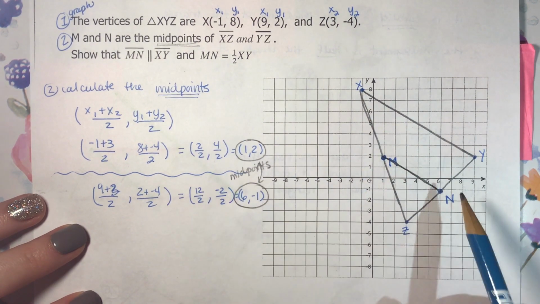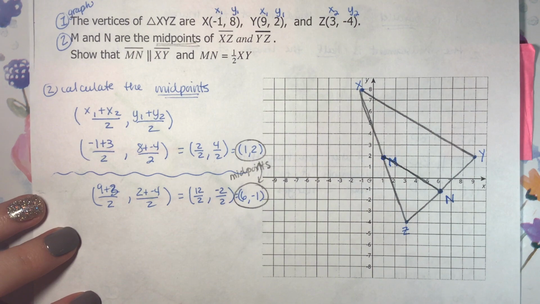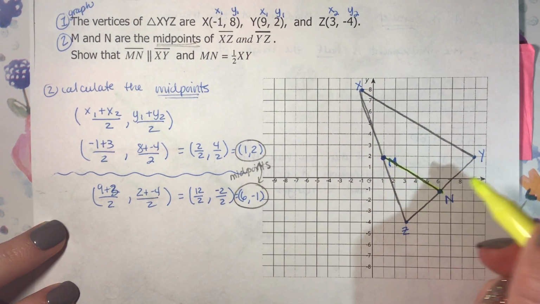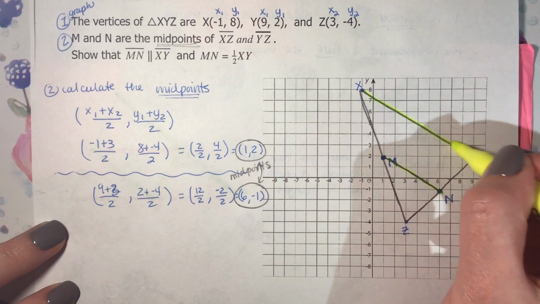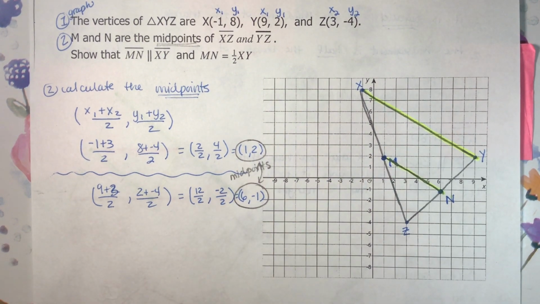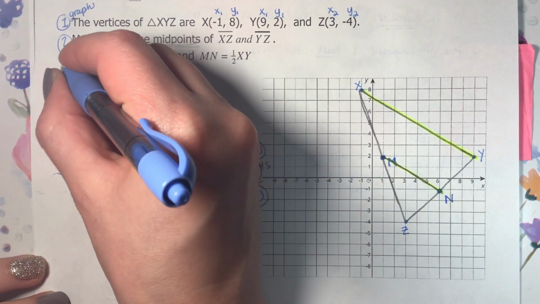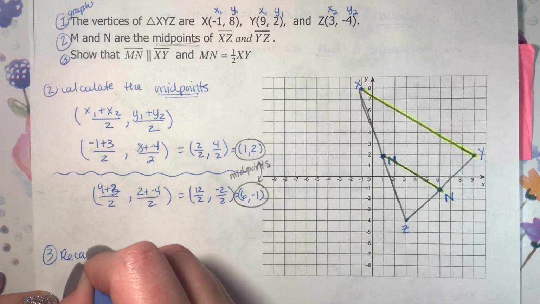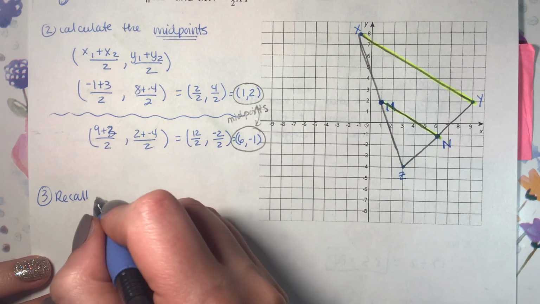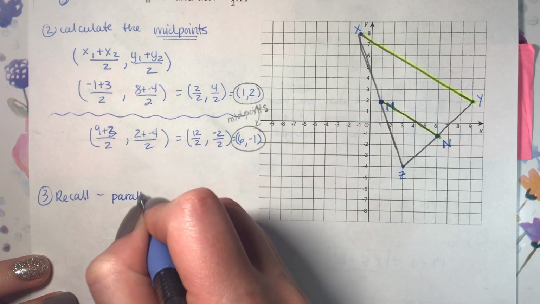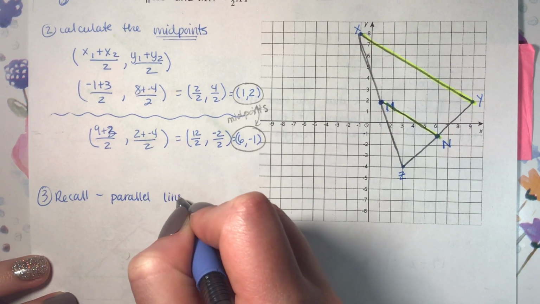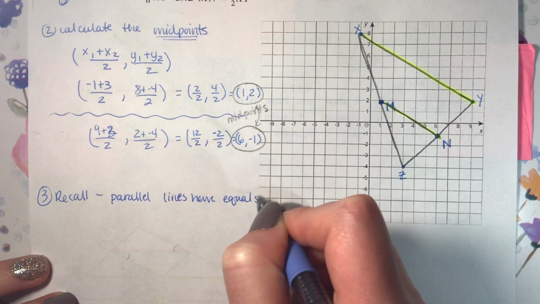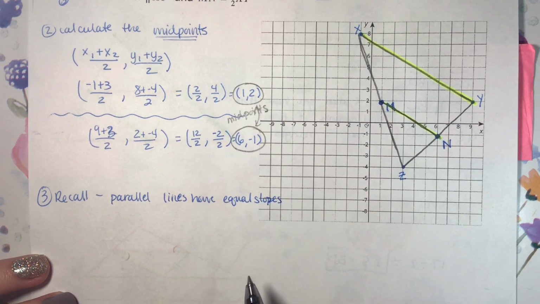And I want to show that this line segment from M to N is parallel to X to Y. Well, what I need you to recall for step 3 is that parallel lines have equal slopes. We talked about that, I believe, in the last chapter.